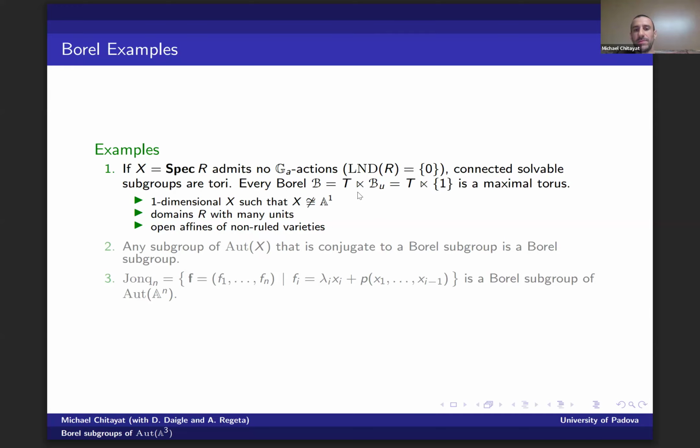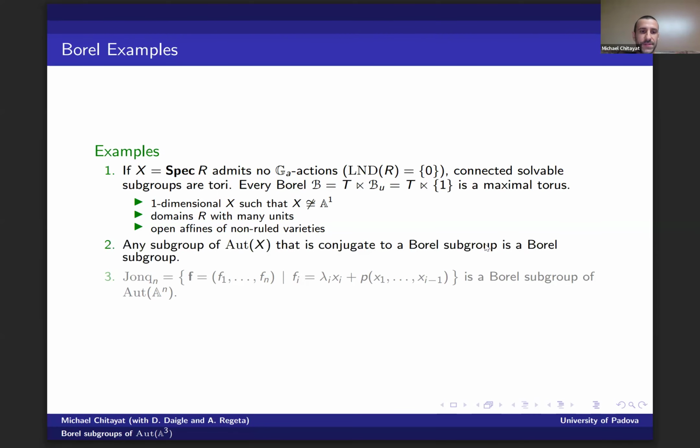So every Borel is just a torus, and since it's maximal, in particular it's a maximal torus. Some examples of such things are one-dimensional varieties that are not isomorphic to A1, domains that have many units, so if you think about a local ring or a semi-local ring, and open affines of non-ruled varieties.